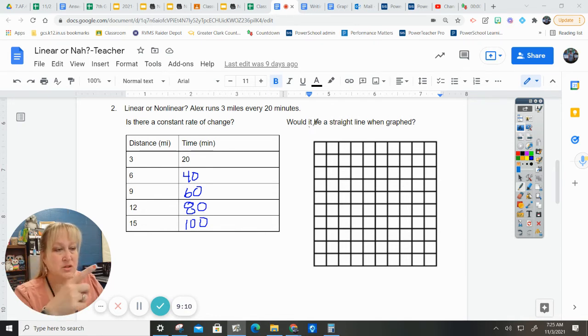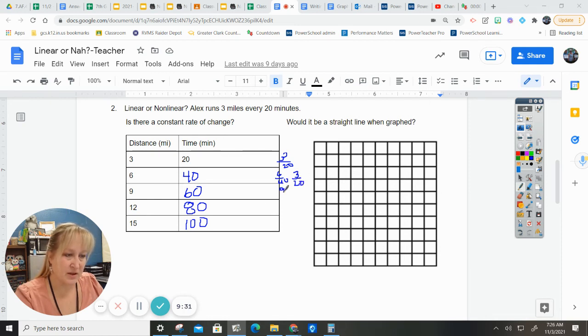Yep. So now we have to graph it. Is there a constant rate of change? And it looks like there is. This one is 3 over 20. This one is 6 over 40, which reduces to 3 over 20.